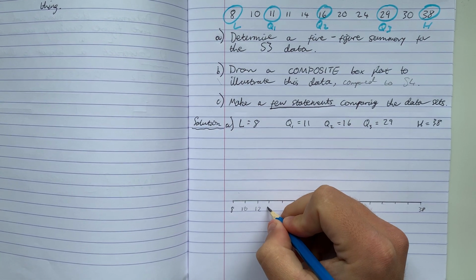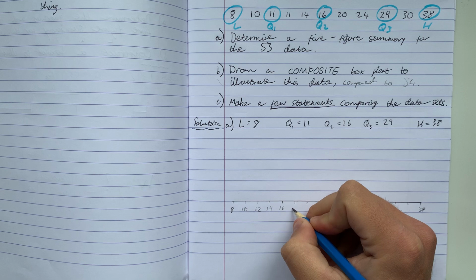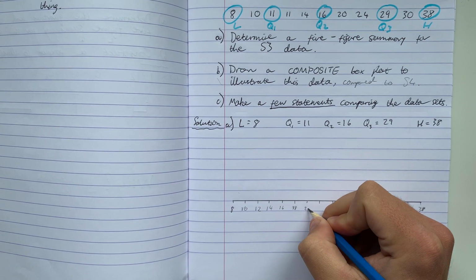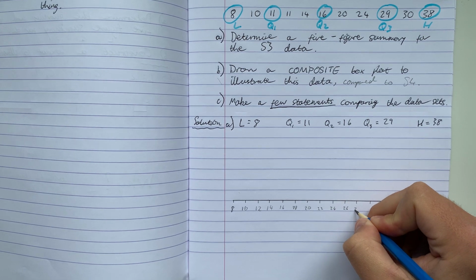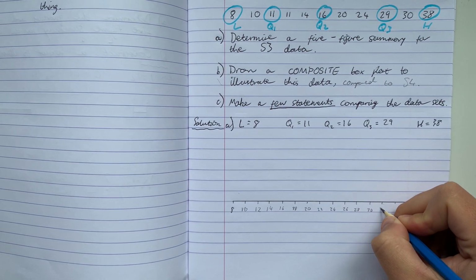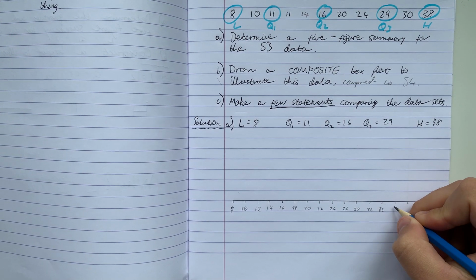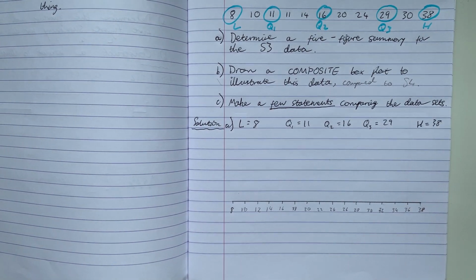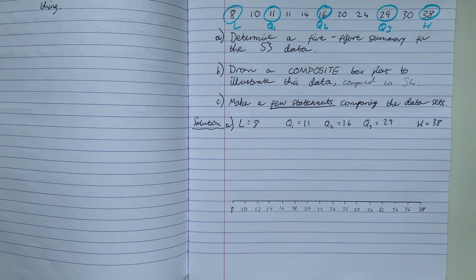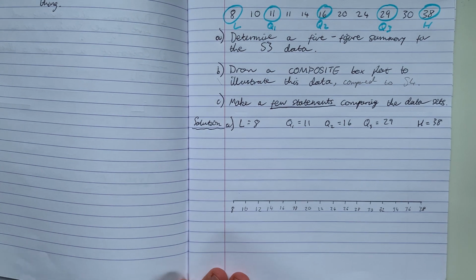So I'm going to have 8, 10, 12, 14, and so on, 18, 20, 22, 24, 26, 28, 30, 32, 34, 36, and 38. So again, I've chosen my numbers wisely so it fits in neatly like that.